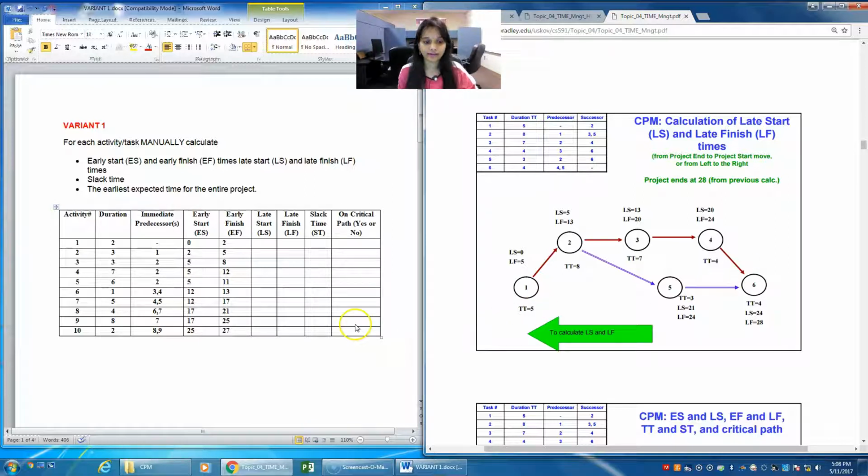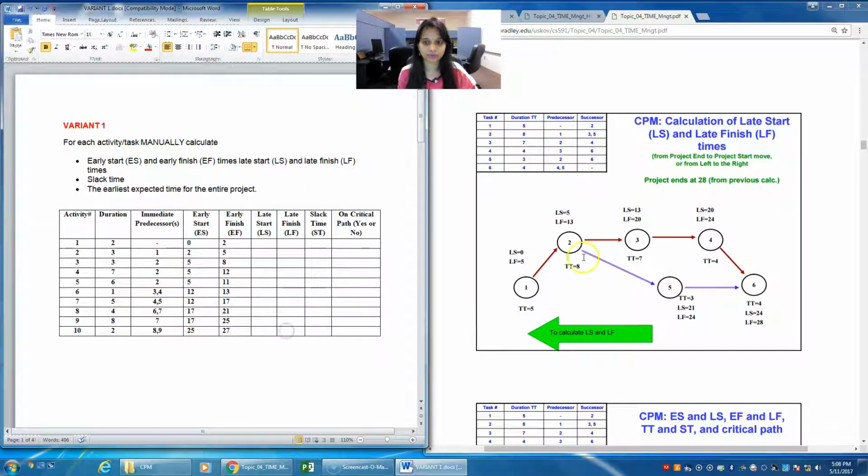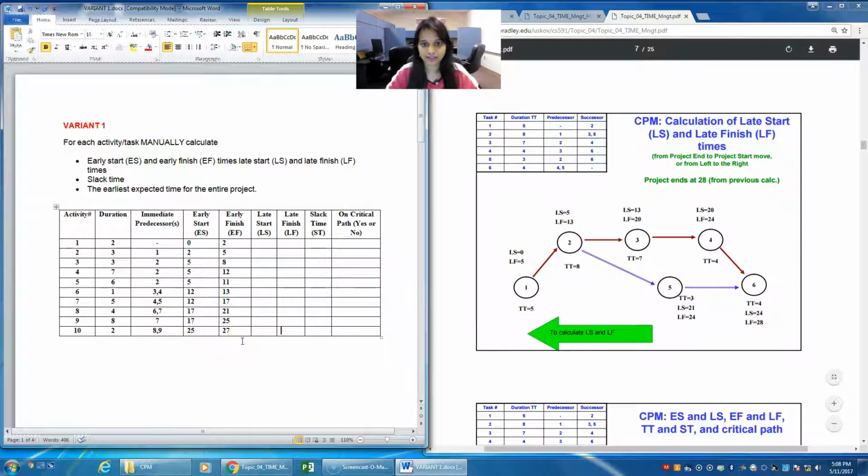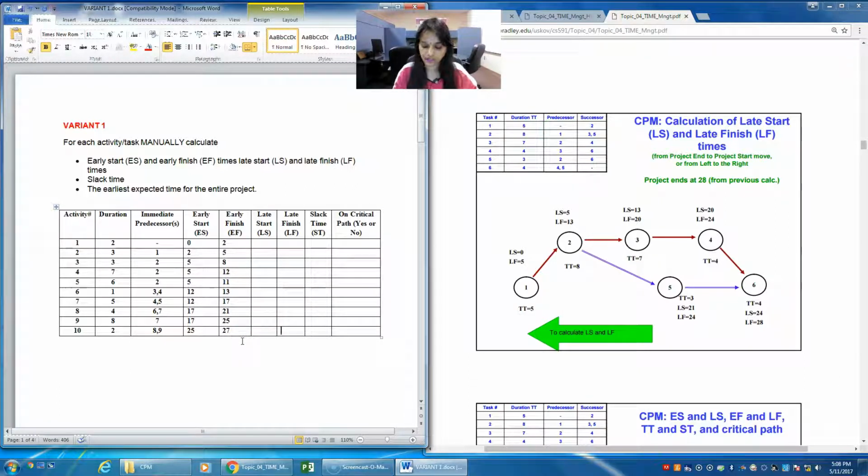So first we'll be entering the early finish value. The time taken for task 10 to complete in total is 27, so its late finish will be 27. Then for the late start, you need to subtract the duration of 10. So 27 minus 2 will be 25.